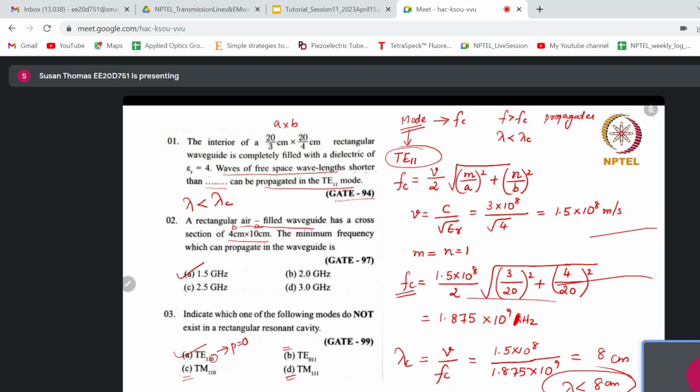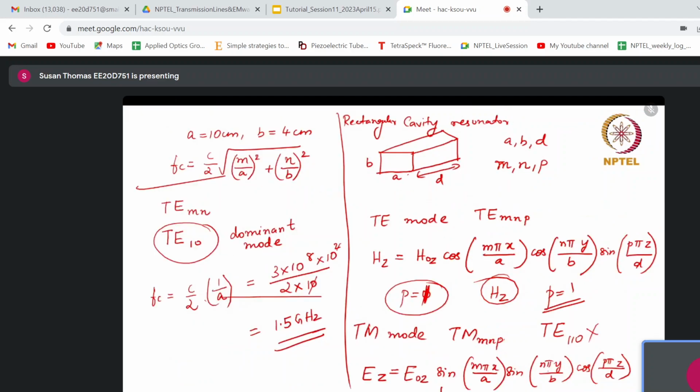In this equation, if you substitute, this HZ will go to 0. That's why for TE mode, P can never be 0. P not equal to 0 for a TE mode to exist. Hope this question is clear.